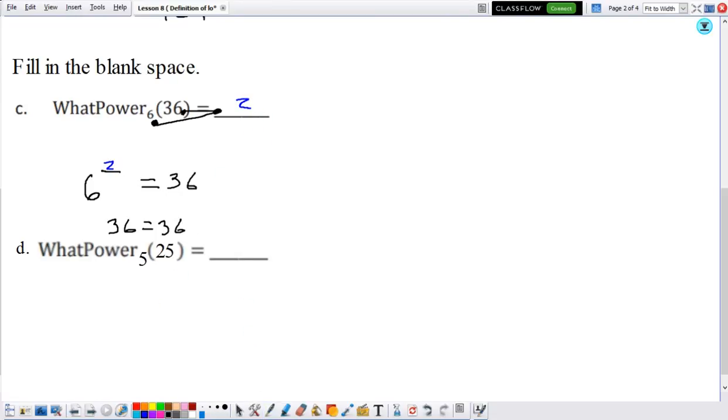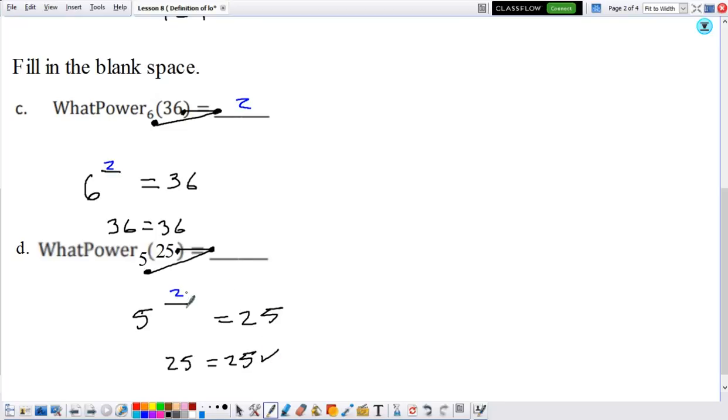Again, let's try example D. 5 exponent what gives me 25? 5 raised to what exponent gives me 25? Well, we know that 5 to the second is 25. So now we see that 25 equals 25. So this is true.